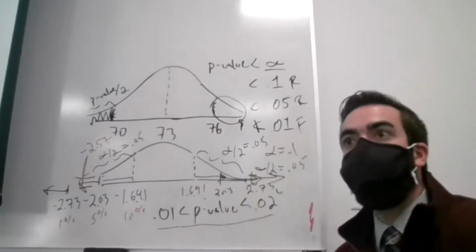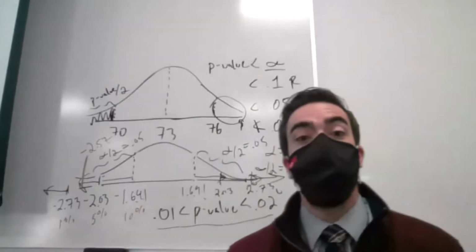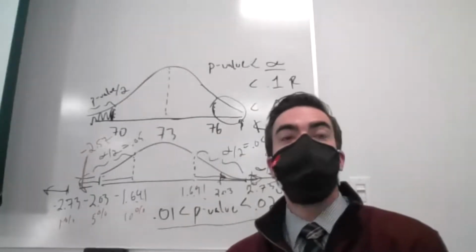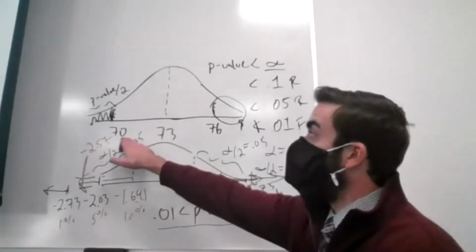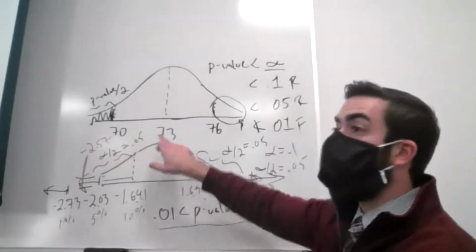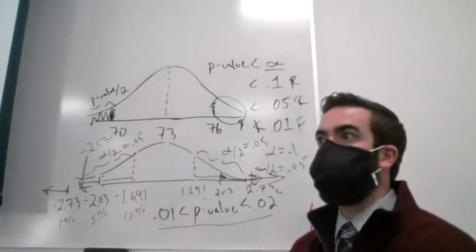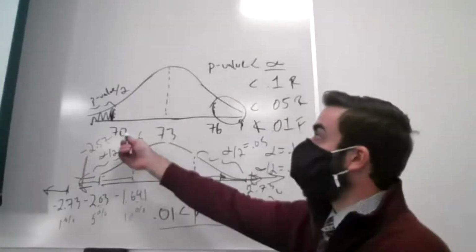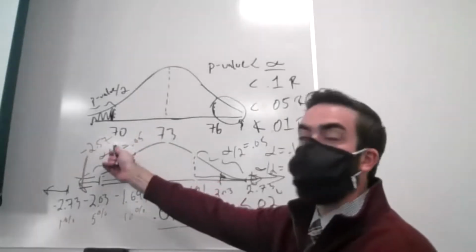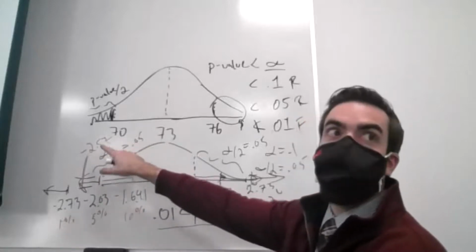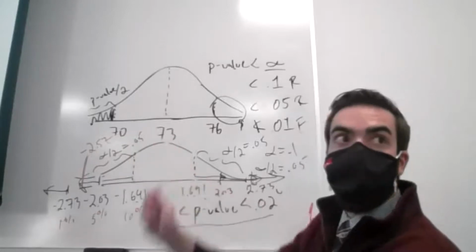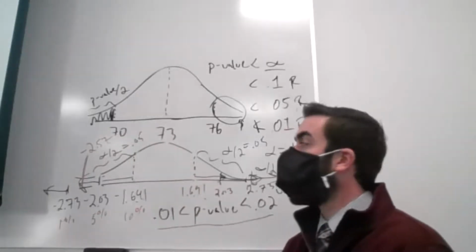So remember, these test statistics, they're either z-values or t-values, which both represent the number of standard deviations away that sample evidence is from the assumed true value, right, in this case. So if 70 had a test statistic of negative 2.57, that meant 70 was 2.57 standard deviations below that assumed true value of 73.